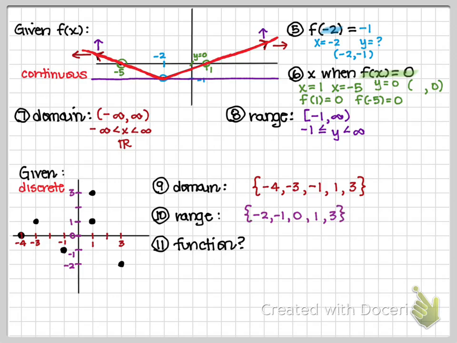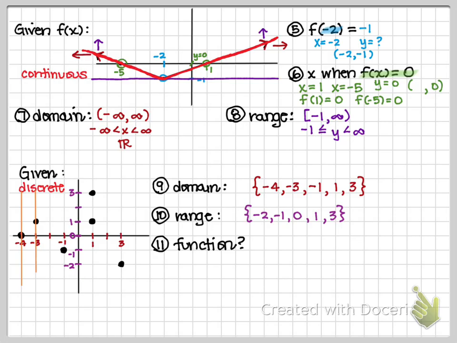Okay, function. All right, so determine if something is a function. You need to see if it passes the vertical line test. So basically, if I went through and I just graphed vertical lines through all of the points, you want to make sure that no 2 points land on the same line. So that -4 point's good. There's only 1 point on that line. That one's off a little bit.